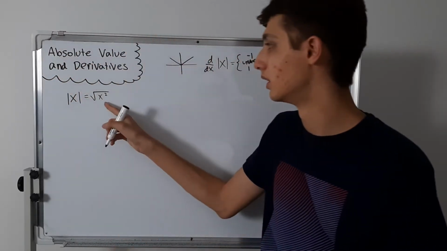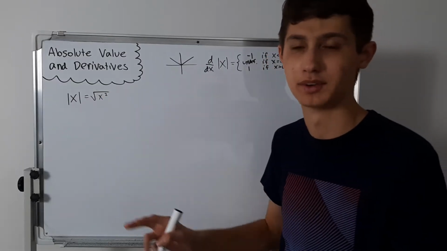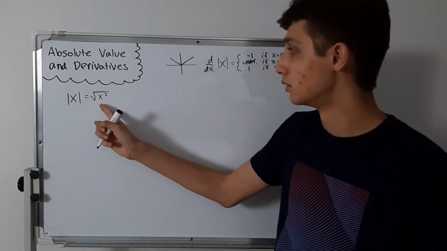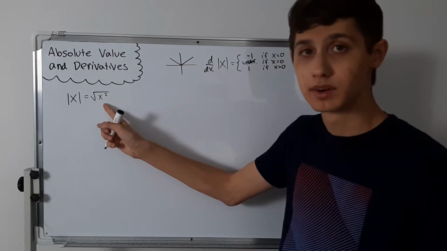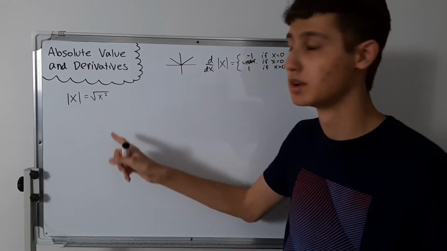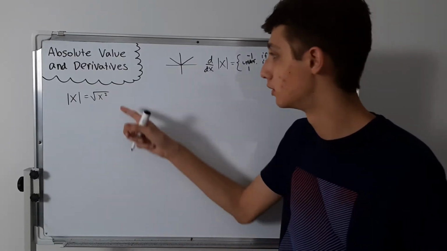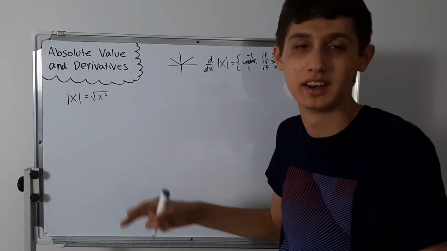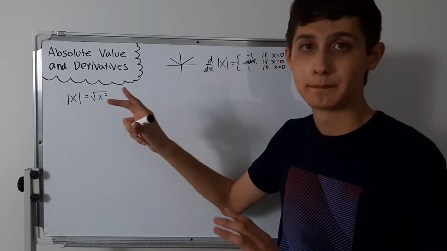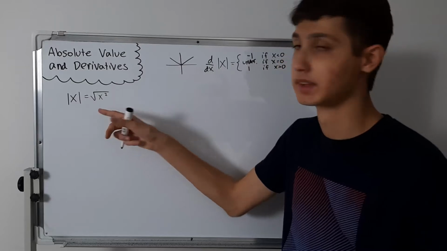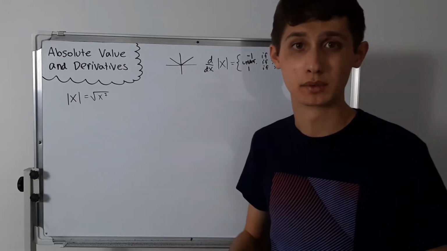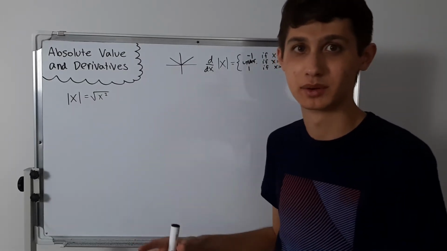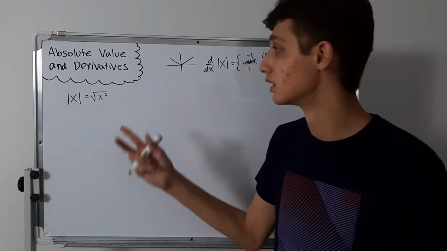And you might be like, okay, isn't that just equal to x, not the absolute value? Well, not quite, because if you plug in a positive number for x, let's say 5, 5 squared is 25, square root of 25 is 5 again, so that's fine. But if you plug in a negative number, let's say -5, -5 squared is positive 25, and the square root of that is just 5.